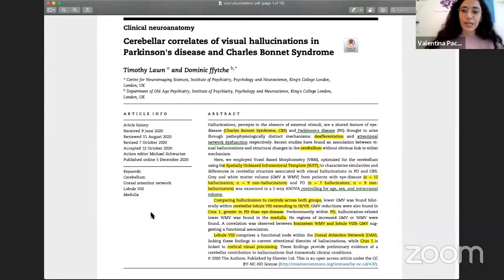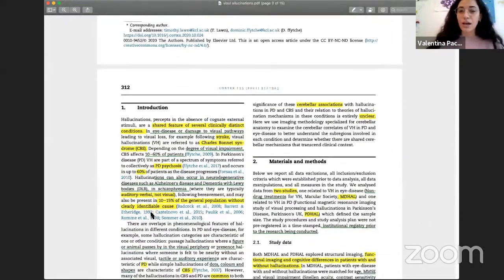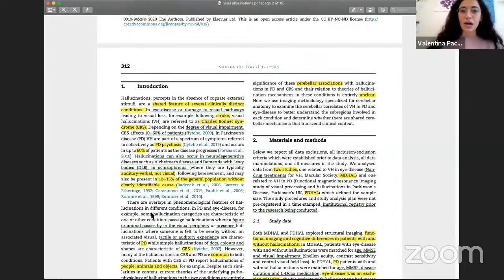I was wondering, is this difference related to some difference in symptom manifestation, like the differences in the hallucination pattern between Parkinson's disease and Charles-Bonnet syndrome patients? Why did they choose these 2 patient groups?